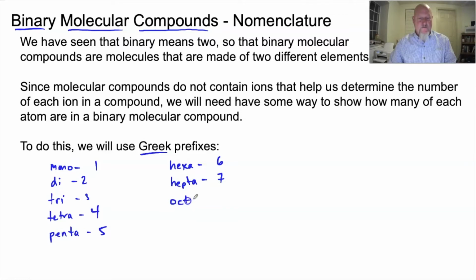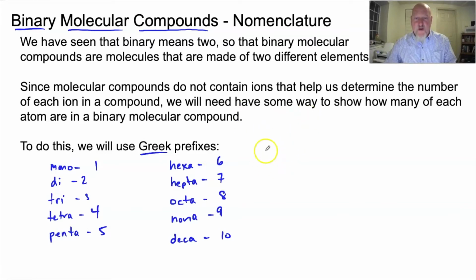Octa is 8. Nona is 9. And deca is 10. So we're going to use these prefixes with the elemental names to determine the name of a binary molecular compound. A compound that's made of two different elements, either nonmetals or metalloids.